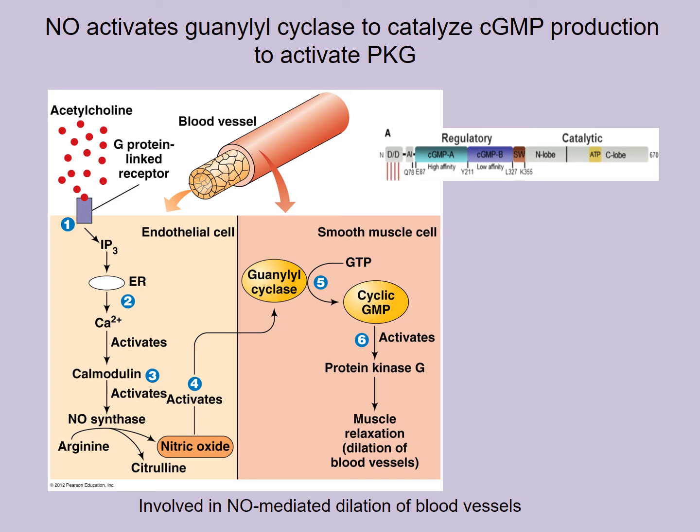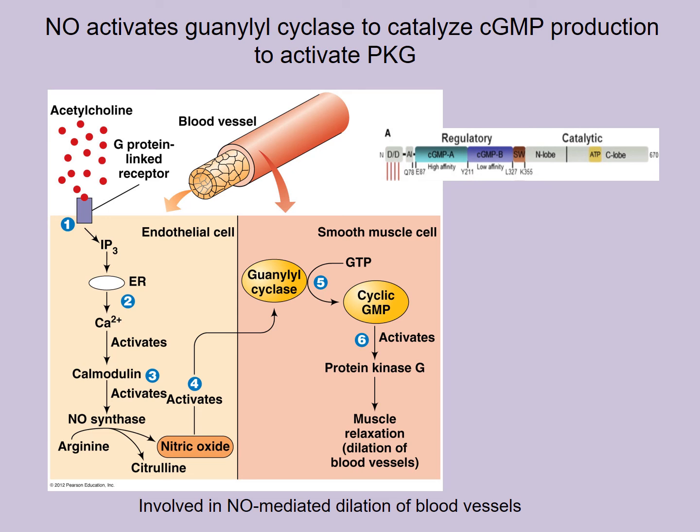And the nitric oxide produced in the neurons or endothelial cells, in this example, can then cross to the smooth muscle cells on the blood vessel wall, where it will activate guanylyl cyclase. So nitric oxide activates guanylyl cyclase, which will produce cyclic GMP, activation of PKG, and muscle relaxation.